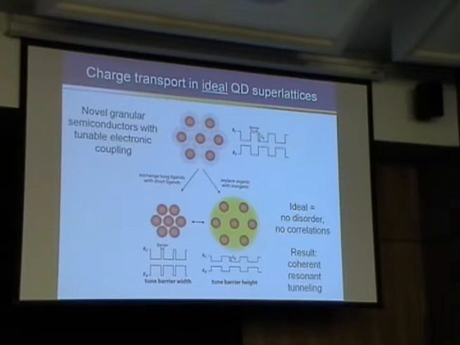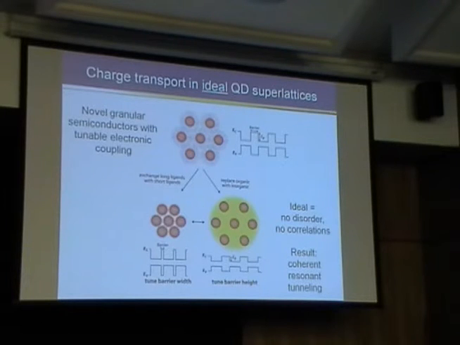We can understand them as an array of conductive islands given by the inorganic cores that are separated from one another by insulating tunnel barriers. The tunnel barriers have a certain height and a certain width. The width is set by, in this case, the length of the oleate molecules and how they interdigitate between the quantum dots. And the height of this barrier is set by the electronic properties of that material.